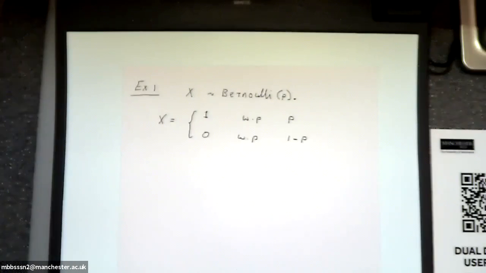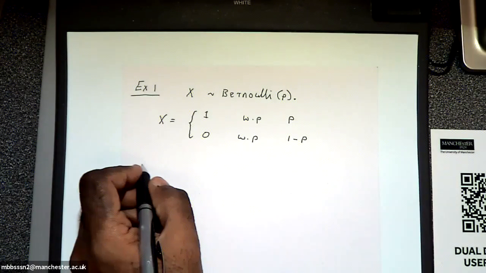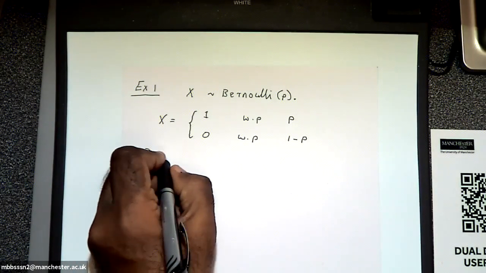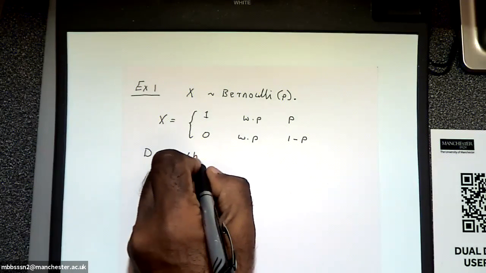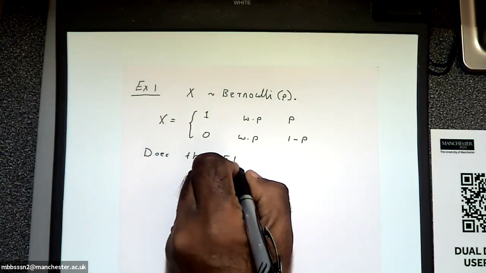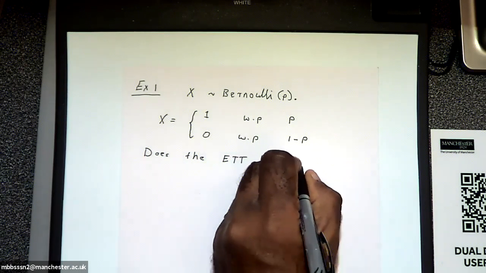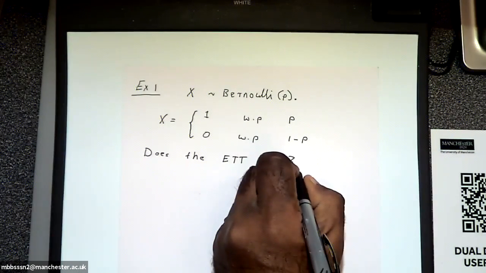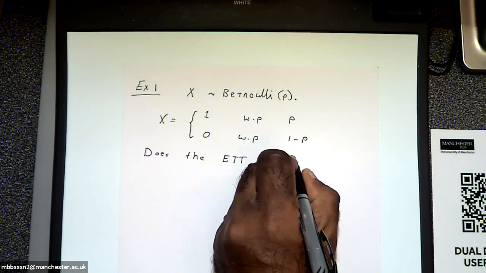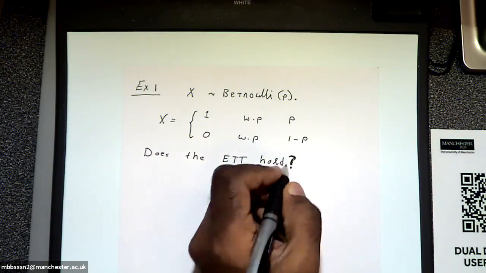Now the question is, does the extremal types theorem hold?